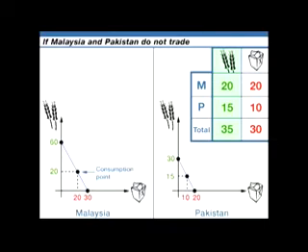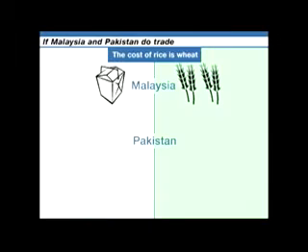Pakistan is producing 15 for a total wheat production of 35 bushels. Malaysia is producing 20 bushels of rice, Pakistan 10, for a total rice production of 30 bushels. Let's see now how by cooperating, specializing, and trading, we can increase the quantity of agricultural goods that the two countries have available.